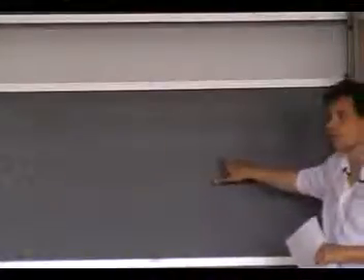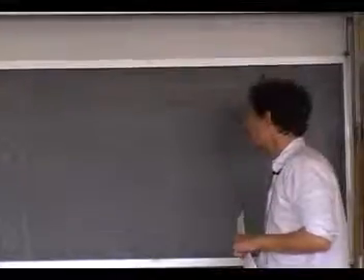So m in total takes 2s plus 1 different values. This is the wave function that I want to write down in terms of spinor coordinates. And let's see whether this thing solves the problem.